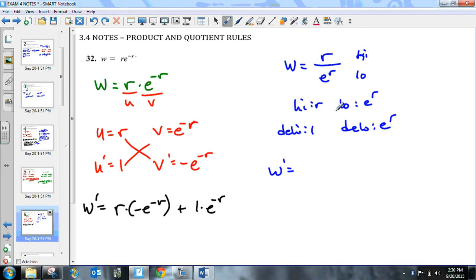I'd get low d high, so e to the r times 1, minus my high function r times e to the r, all over low squared, e to the r quantity squared. So the question is, are these two things the same thing? Let me go ahead and simplify this one.